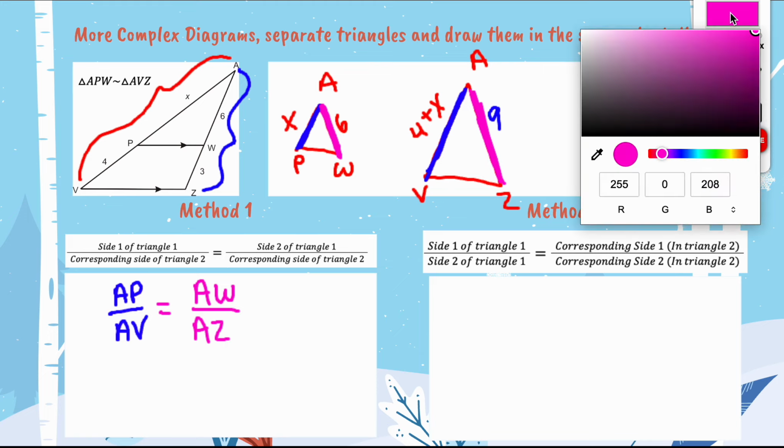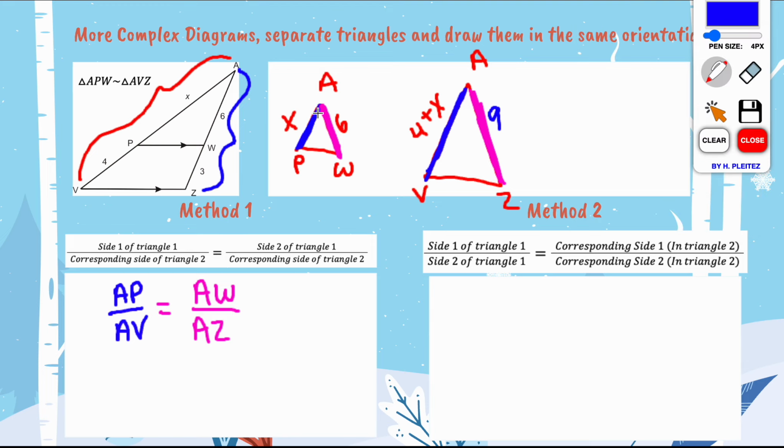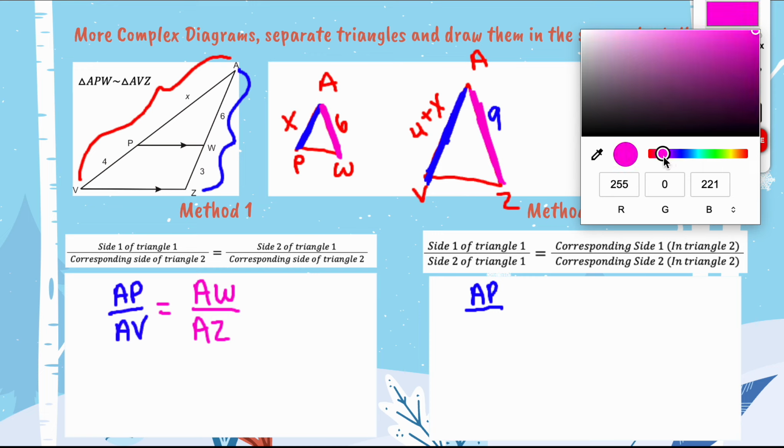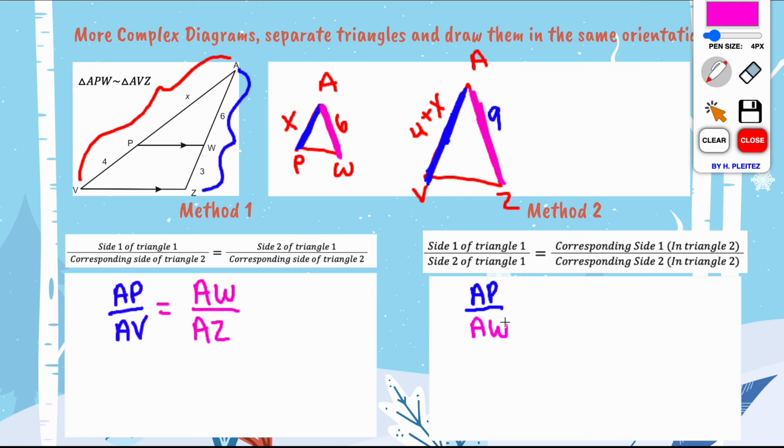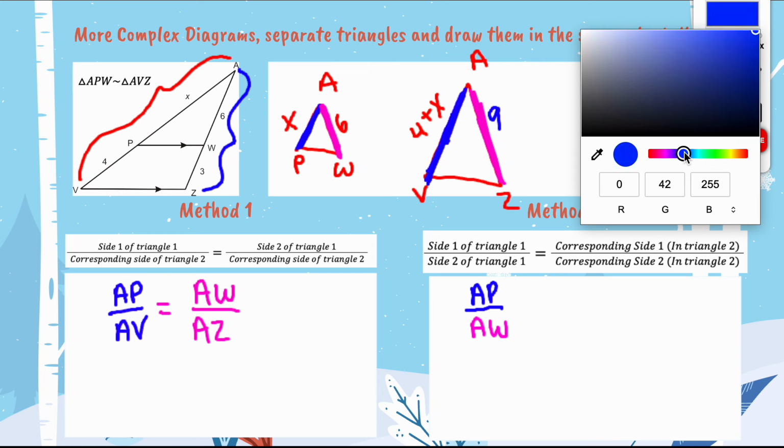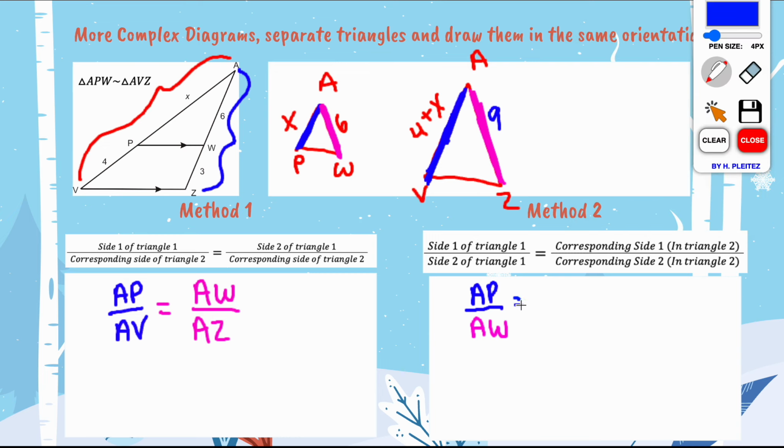Now setting up the proportion for method 2, we have side 1 of triangle 1, which was AP. But instead of our denominator being a side of triangle 2, our denominator is just going to be the other side of our first triangle, which is AW. And then equals, our numerator is going to be corresponding with AP, which is AV.